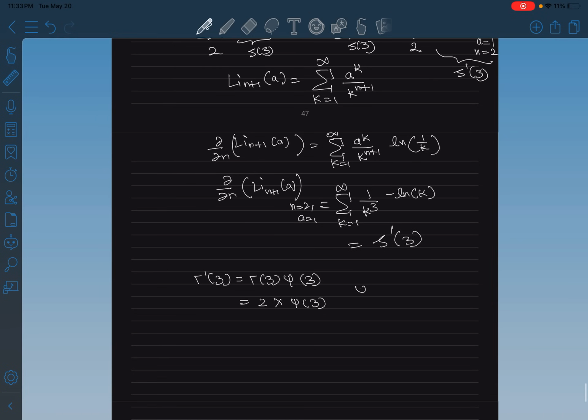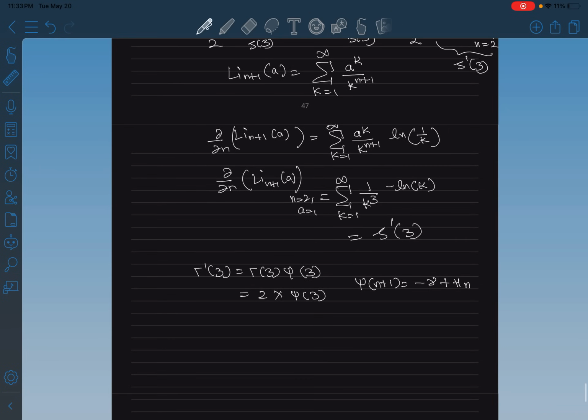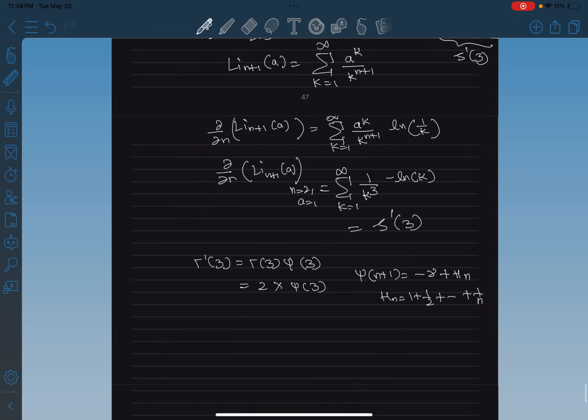Now for this you can use the formula: digamma of n plus 1 is equal to negative of the Euler-Mascheroni constant plus the nth harmonic number, right? Where the harmonic number is basically 1 plus 1 by 2 up to 1 by n. Now in this case, for 3, it's 2 plus 1, so it's negative gamma plus H_2, which is 1 plus 1 over 2.